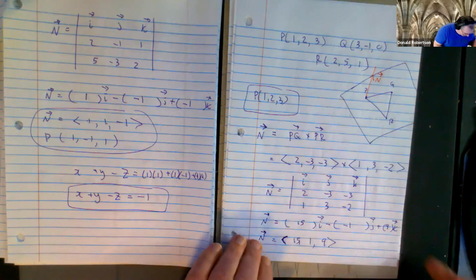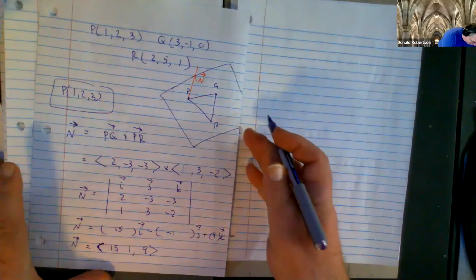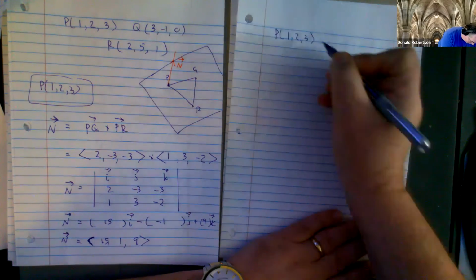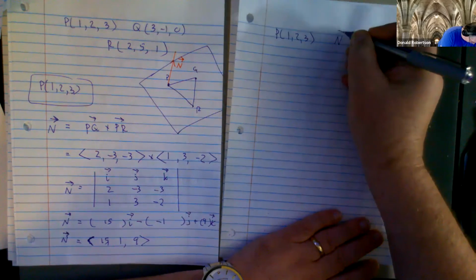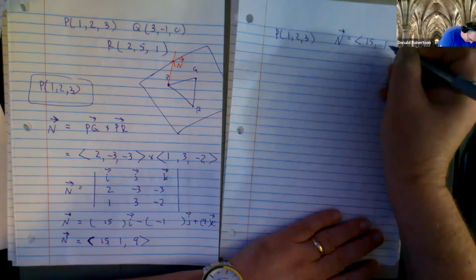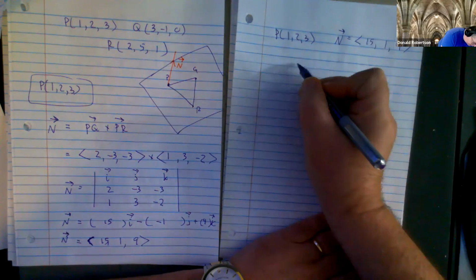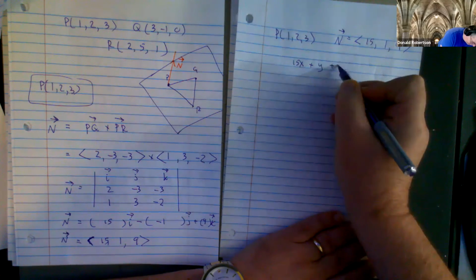Well, let's put it together then. What do I have? I have a point, 1, 2, 3. I have a normal vector, 15, 1, and 9. And so the equation of the plane is going to be 15x plus a y plus a 19z.